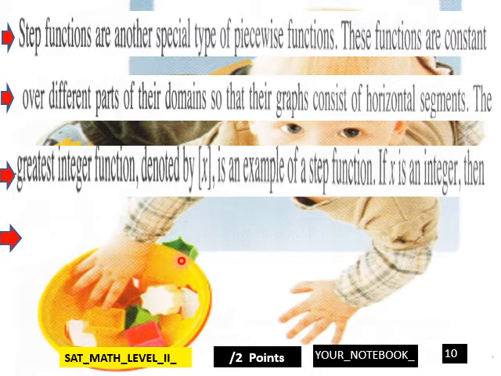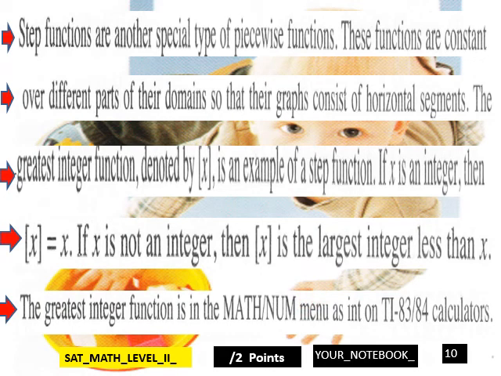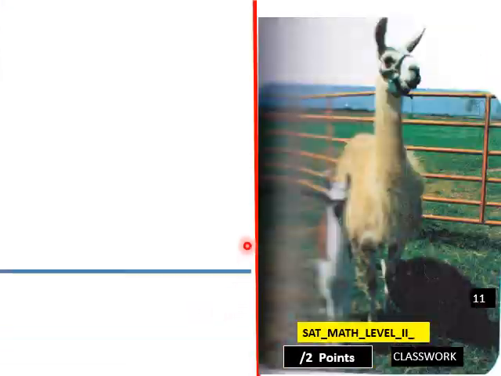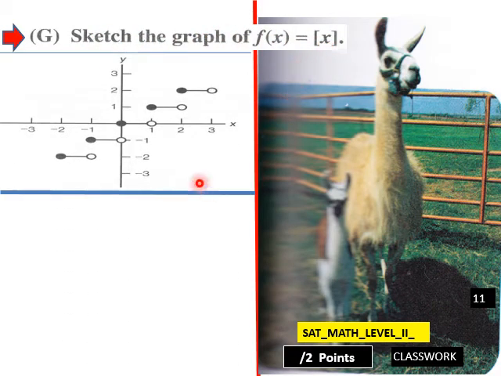If x is not an integer, then bracket x is the largest integer less than x. The greatest integer function is in the MATH NUM menu as int on TI-83 and 84 calculators. So you would find it there. We're going to try one. Sketch the graph of f of x equals bracket x, which here is your step function.